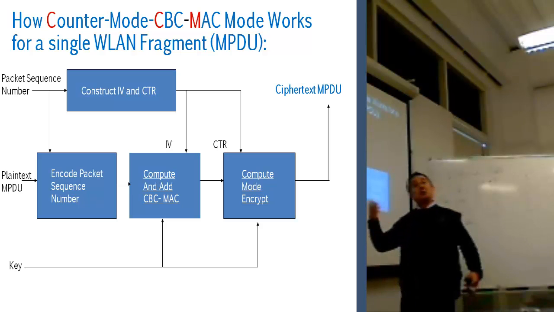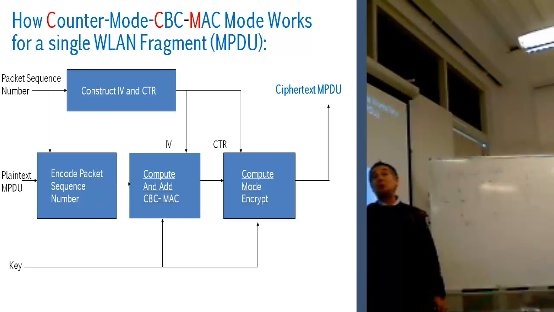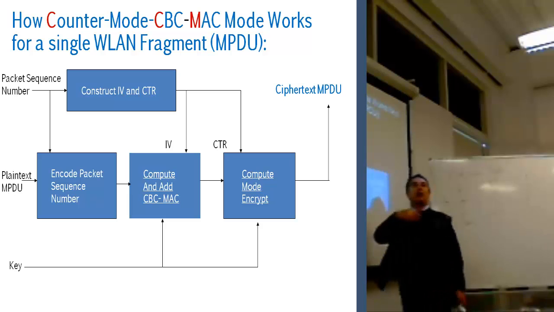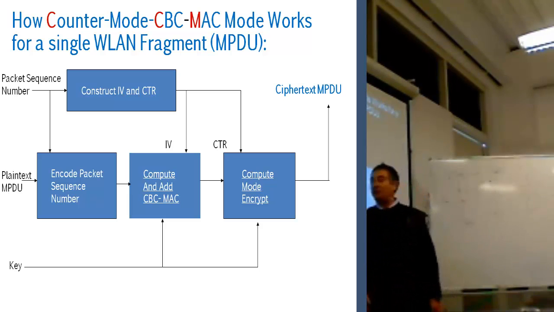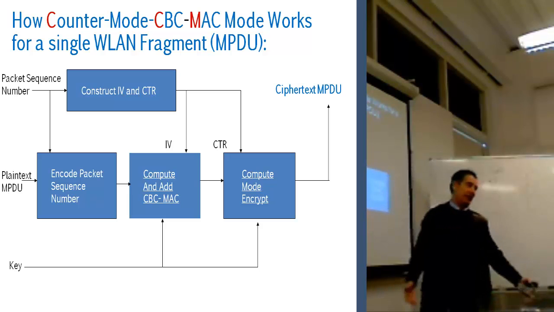Sometimes there could be an accident where you select a packet sequence number that was used before. If that is the case, the destination is going to reject it, and will send you information saying that your packet is rejected because of the packet sequence number. Please resend your packet.